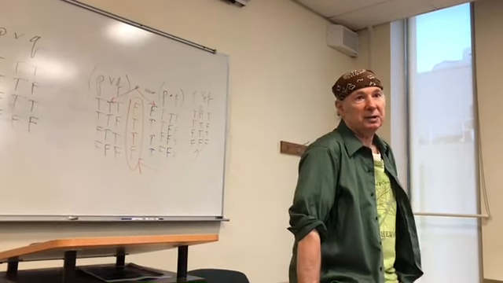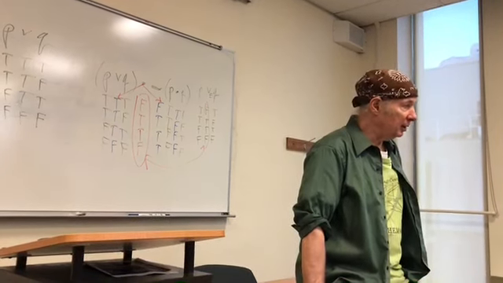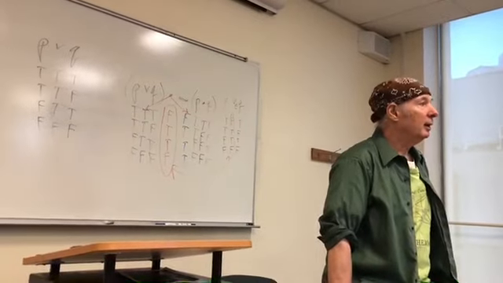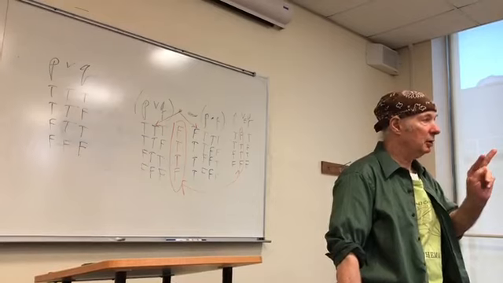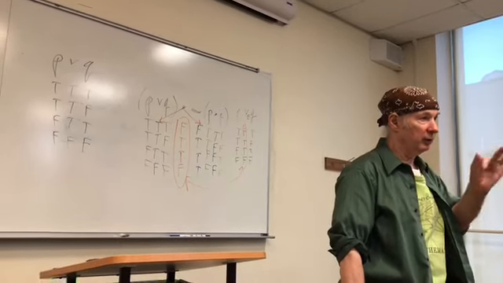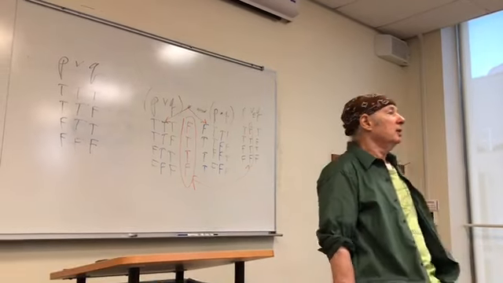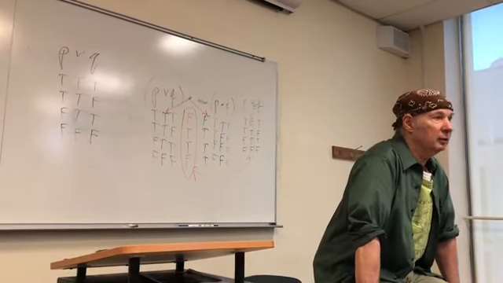And that's nice. And that is why you do not see in the textbook two different truth tables for the wedge, one for inclusive or, the other for exclusive or. You don't need it, because you can define exclusive in terms of inclusive.